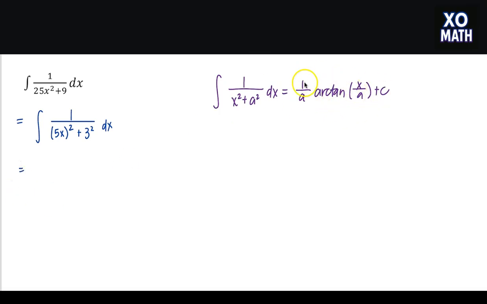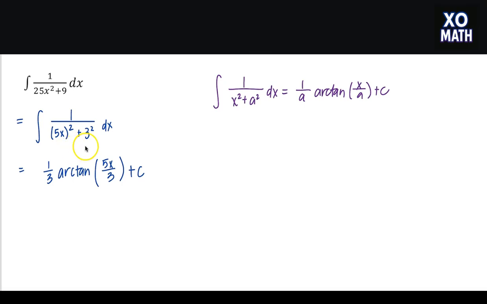So let's jump into it over here. Let's start to apply this formula. So 1 over a, 1 over 3 is going to be in front. Arctangent. Now, instead of x over a, what we have in place of x again is 5x. So we're going to have 5x over 3 plus c.